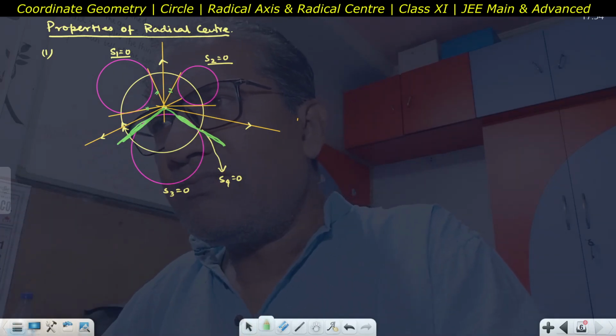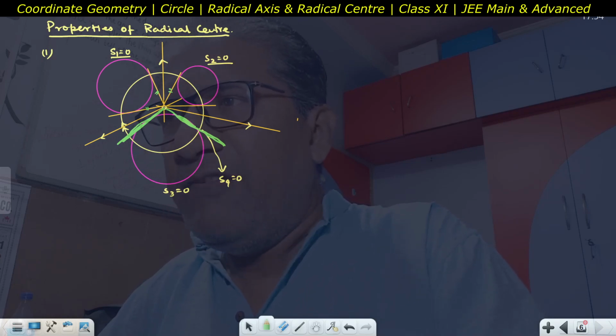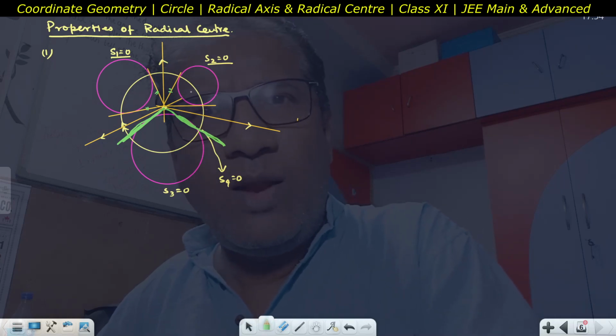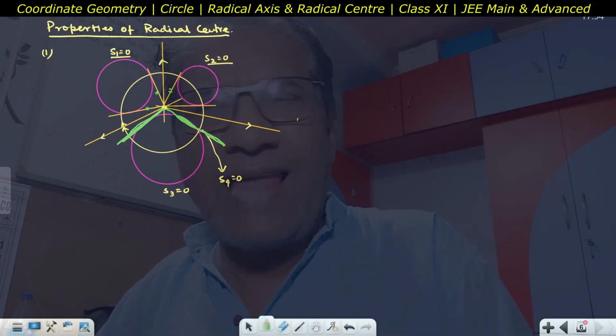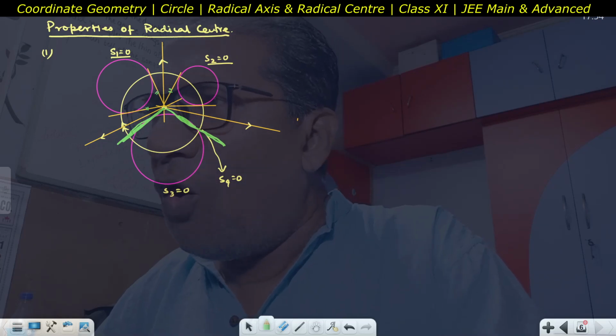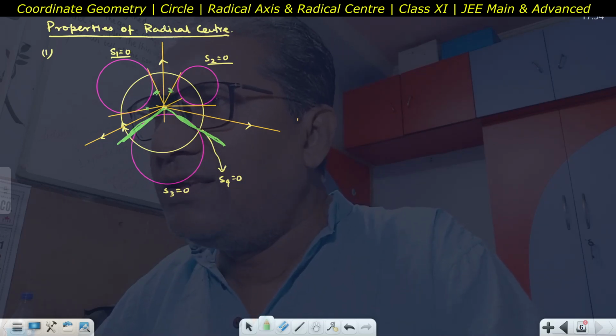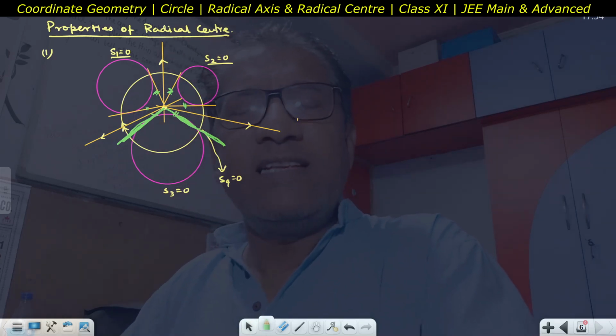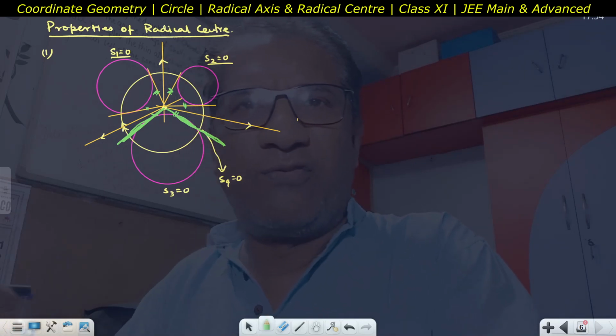Now, from the radical center, if you draw tangents to two circles, their lengths will be equal. That is the definition of radical axis. Therefore, all these lengths are equal, which is actually the radius of the fourth circle.